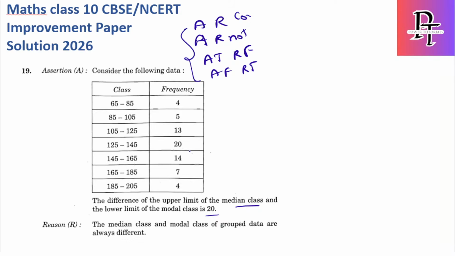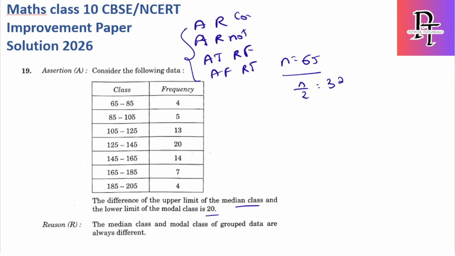We need to first find out what the n value is. N value is the total number of frequencies. So 4 plus 5 is 9, 9 plus 13 is 22, 22 plus 20 is 42, 42 plus 14 is 56, 56 plus 7 is 63, 63 plus 4 is 67. So the n value is 67. What about n by 2 value?